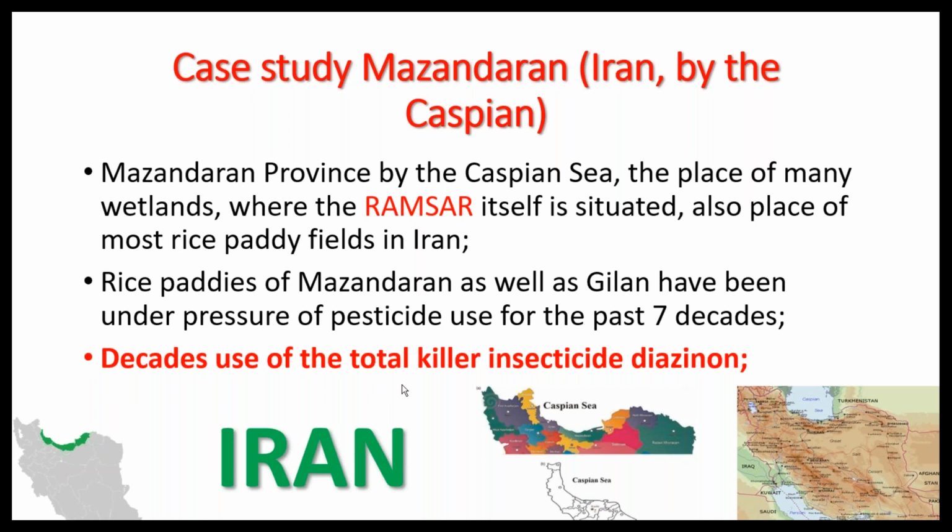And it is a really total-killer insecticide. We tried and mentioned a lot to stop this, at least in Iran, but it seems that it doesn't want to go from the fields of Iran. Next slide, please.